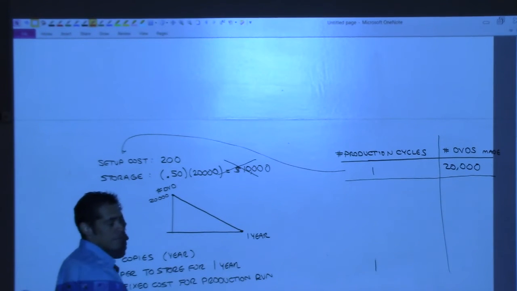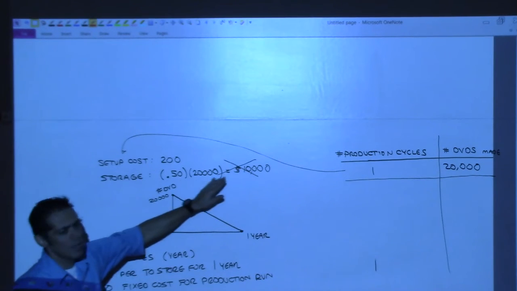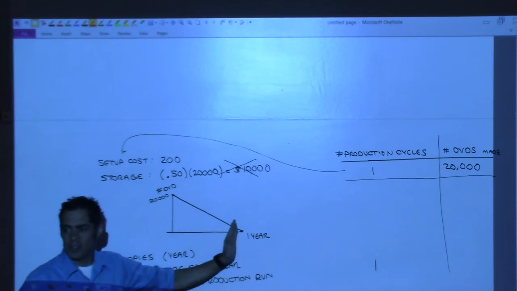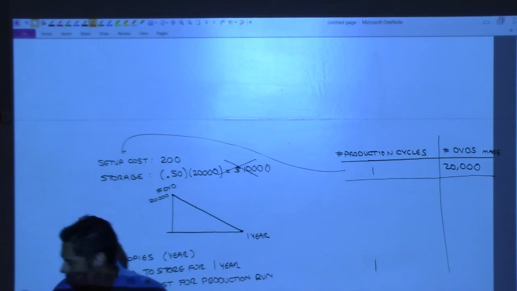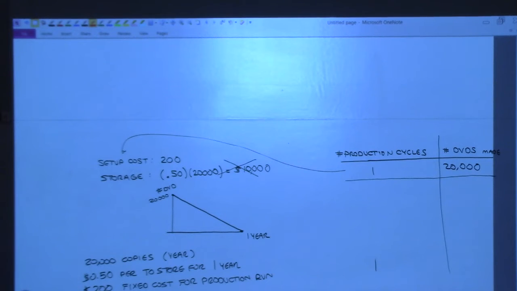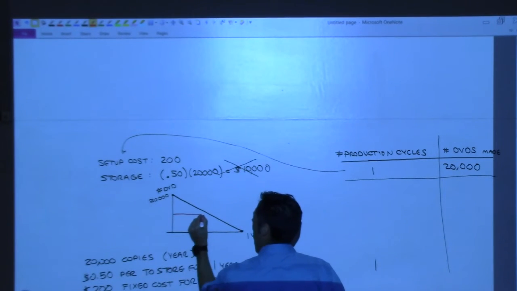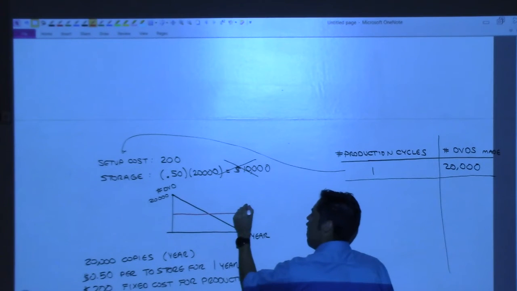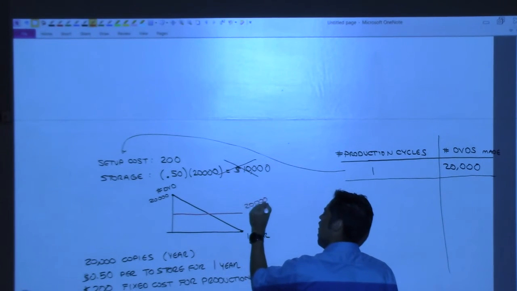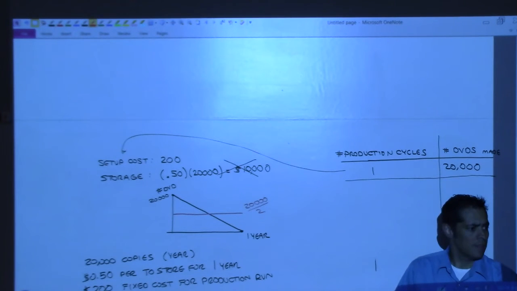With me? Okay. So how do we determine what our storage costs are going to be if the number of DVDs continually decreases? This is the way we do it. We take the average. The average would be half of that, wouldn't it? 20,000 divided by 2. Yes?